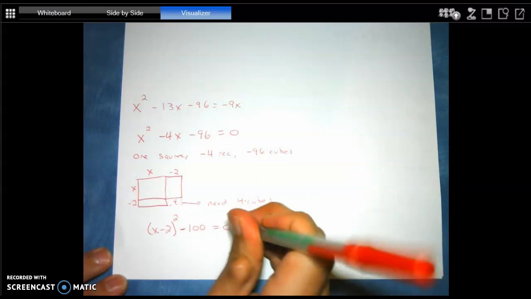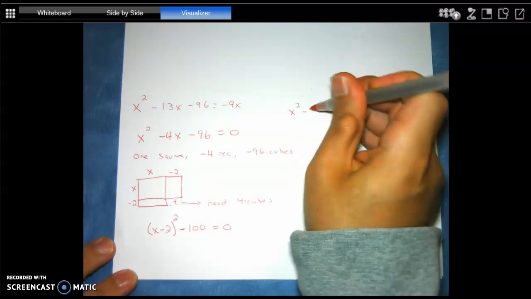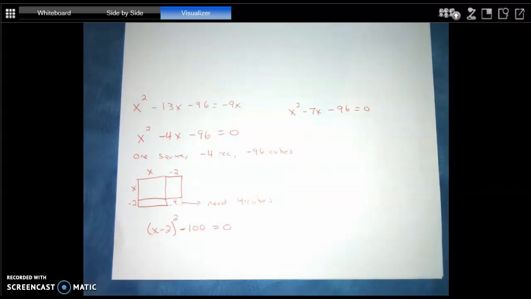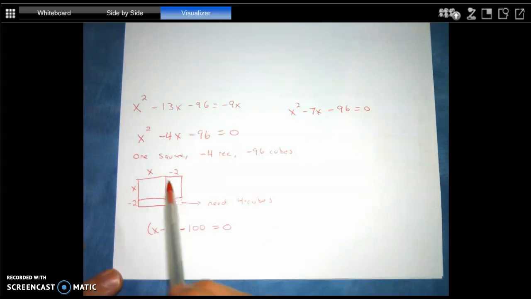There you go. And there will be another video where we do some of these where you'll have something like this. Let's say x squared minus 7x minus 96. The reason why that one's a little bit harder is now you have 7 rectangles to split across these 2.